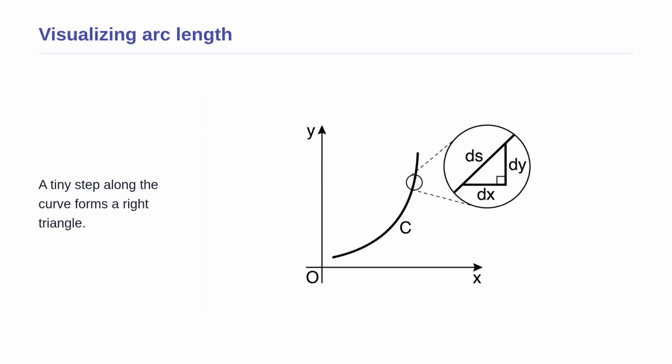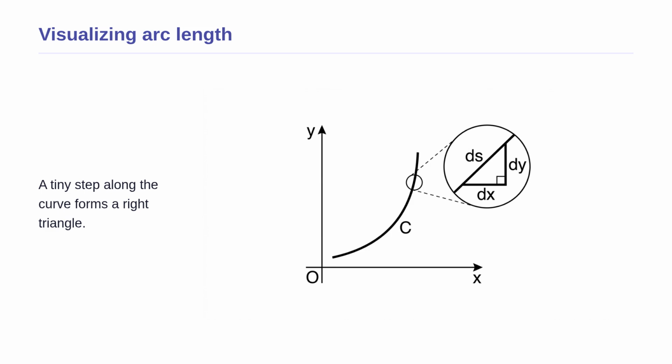Before we move on to the full calculation, let us visualize exactly where this tiny length comes from. Look at the diagram on your screen. We have a curved path in the xy plane. If we zoom in on a microscopic section of that curve, it forms the hypotenuse of a tiny right triangle.